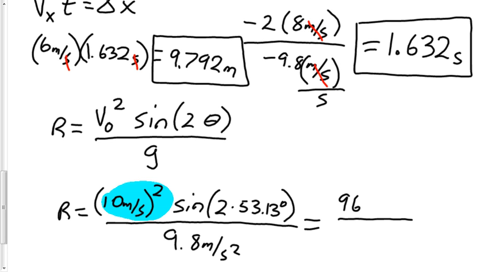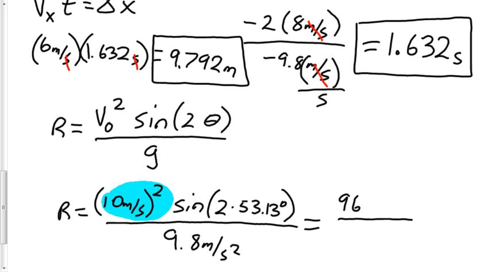And then the sine of 2 times 53.13 degrees, that's not really any units there. The degrees is just a coefficient, so that does not affect my units. And that will turn this into 96 meters squared over seconds squared.